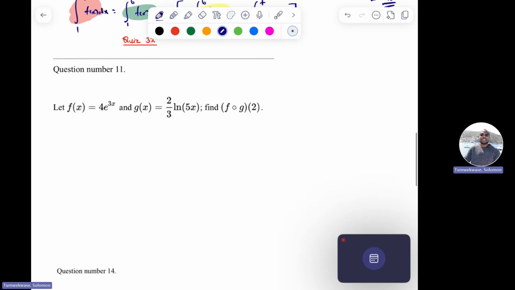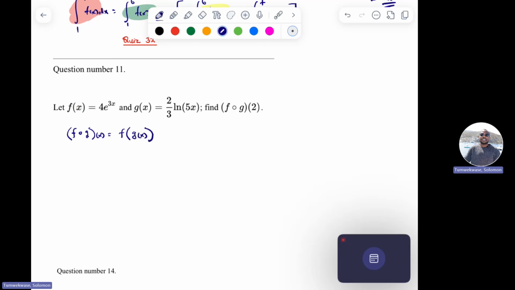So I'm interested in finding f composite g, but evaluated at 2. Which means I have to first calculate f composite g of x, and this is f of g of x. Now, composite functions, what this means is that you go to the function f, which is this function here, and wherever there is x, you substitute that x with g of x.